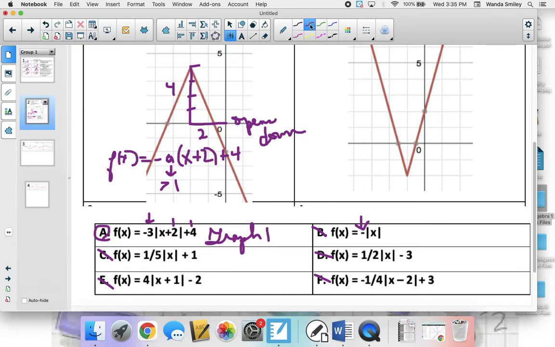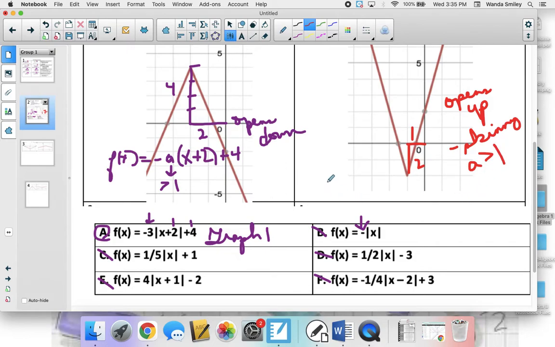Now, graph 2, you go over to the left 1 and down 2. It opens up and it's skinny, so that means that A is greater than 1.